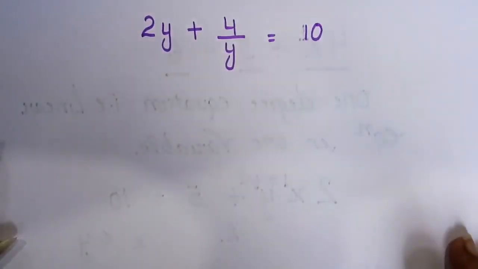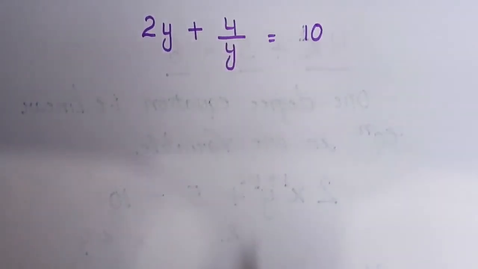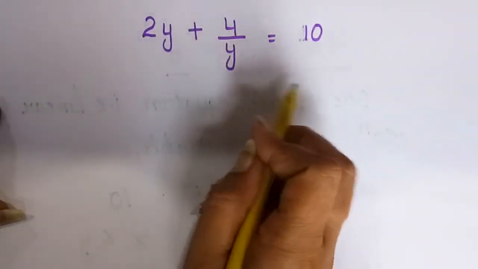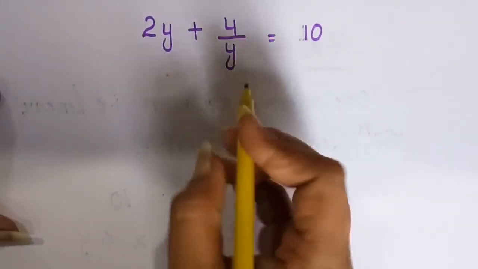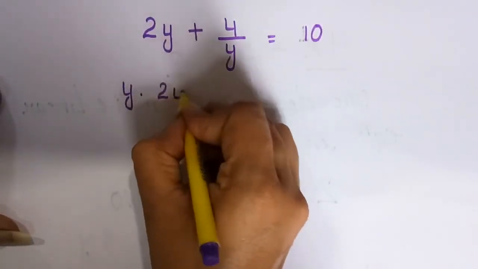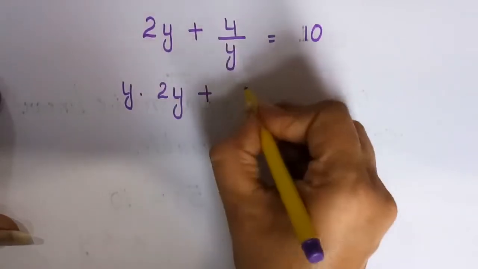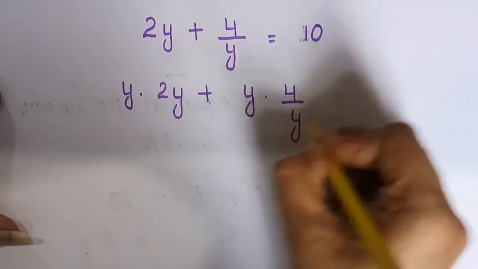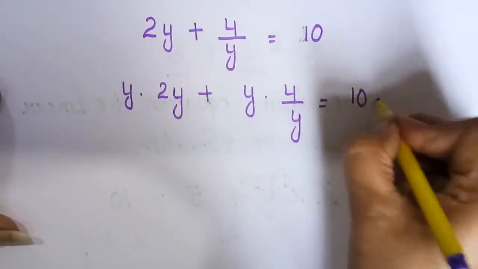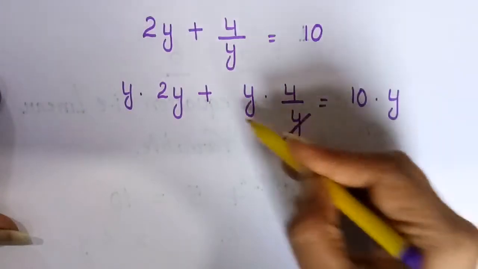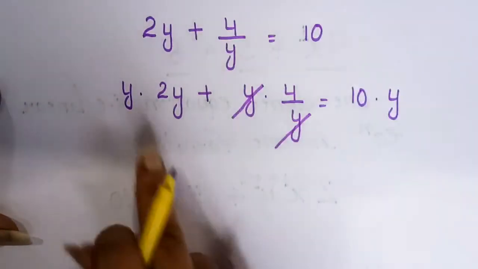Can you guess the highest power of this equation? Let me calculate for you. Multiply both sides of the equation with y. So y multiplied by 2y plus y multiplied by 4 upon y is equal to 10 multiplied by y. Here y is cancelled by y.